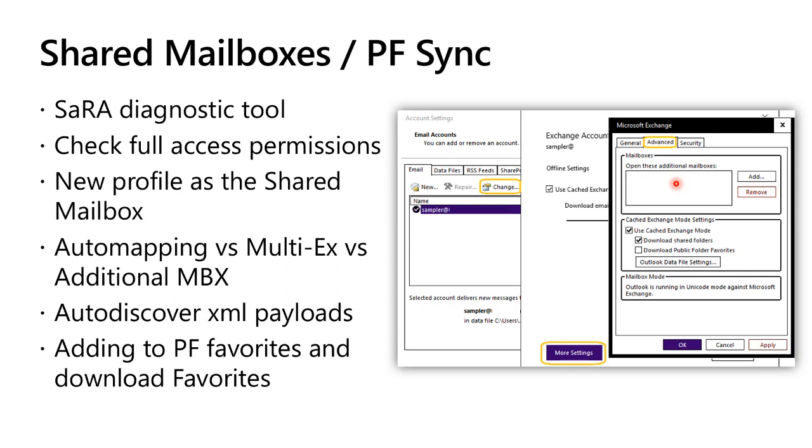And then Autodiscover XML payloads contain all the necessary data that the Outlook client needs for establishing connectivity to Exchange services, including shared mailbox and public folder details.